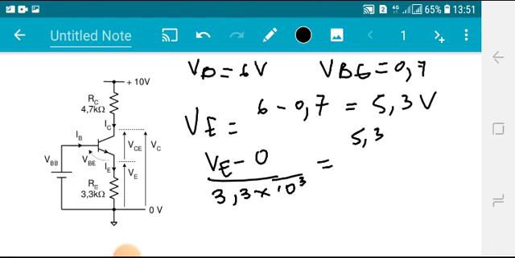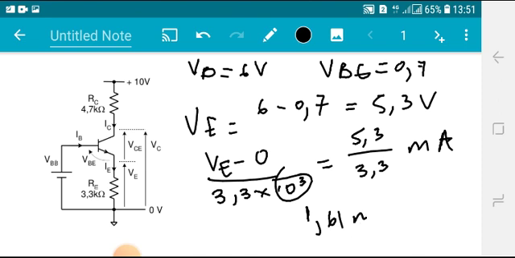So that's 5.3 over 3.3 milliamps, because this will be milli, you bring it up, it becomes a negative exponent. So let's see, 3.3, I believe it's 1.61 milliamps.